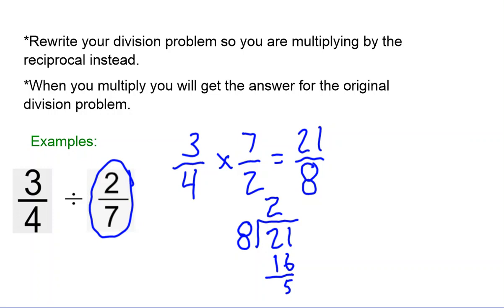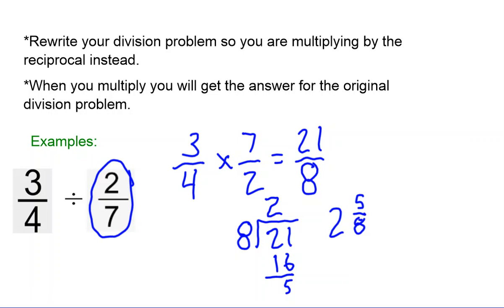So our answer will be 2 and 5/8. Depending on what the assignment asks you to do, leave it as an improper fraction or change it to a mixed number.